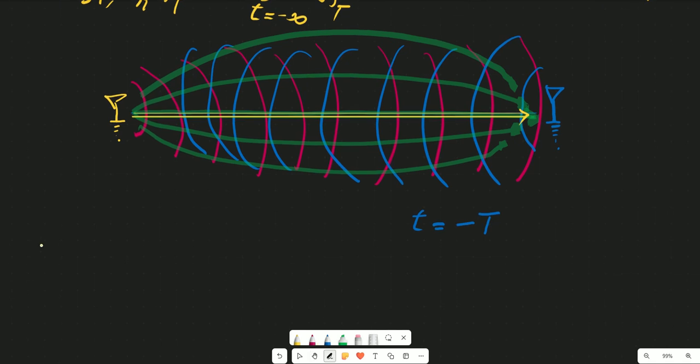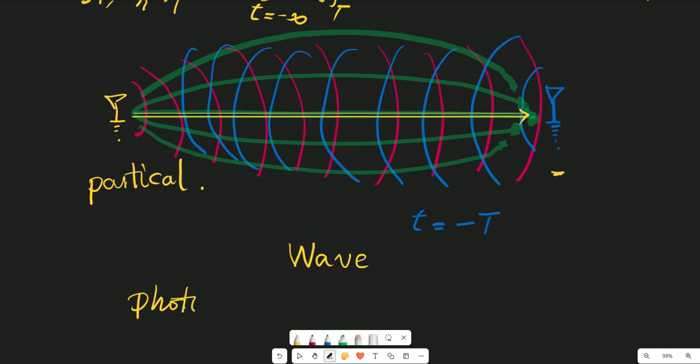Here in this place, it looks like a particle. Here it is also the same. However, in the middle, it looks like a wave. So I call the mutual energy flow a photon.